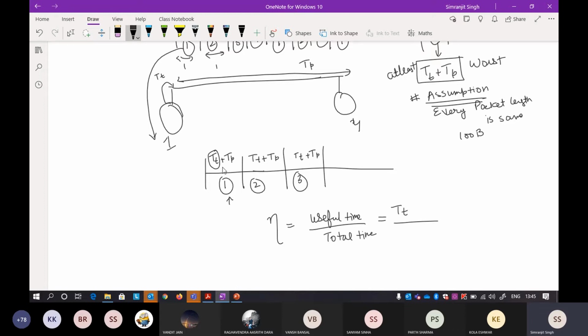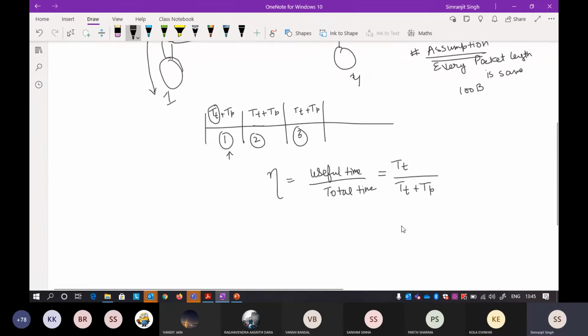The total time required by this station will be TT plus TP. Now dividing numerator and denominator by TT, it will be 1 over 1 plus TP by TT. You can write it as 1 over 1 plus A, where A is equal to TP over TT.